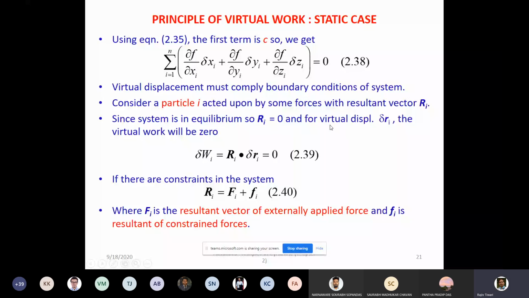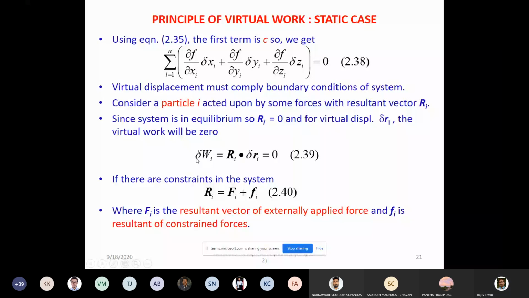And for that particular particle, let us say the virtual displacement is delta ri. ri is the polar representation of the position of the particle, having components x, y, z. So this is the variation of the displacement of the ith particle. So what is the virtual work?